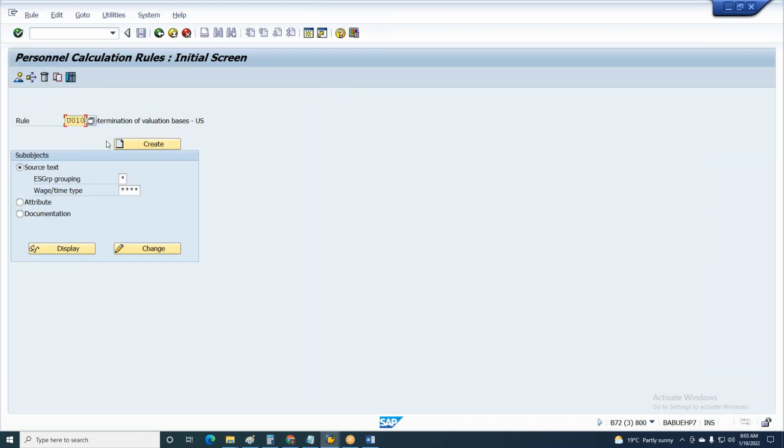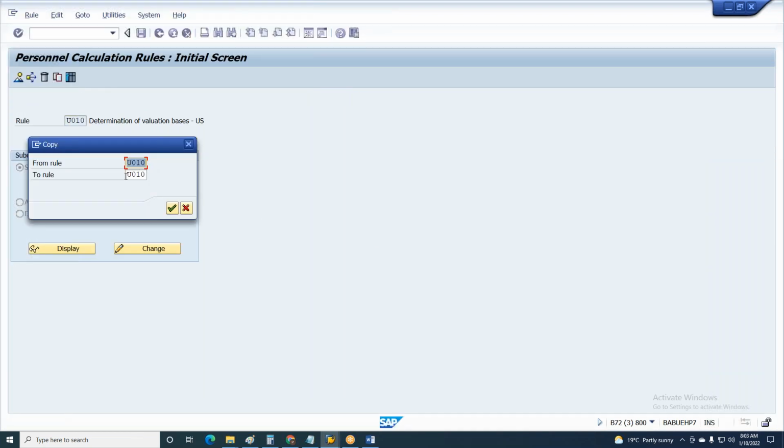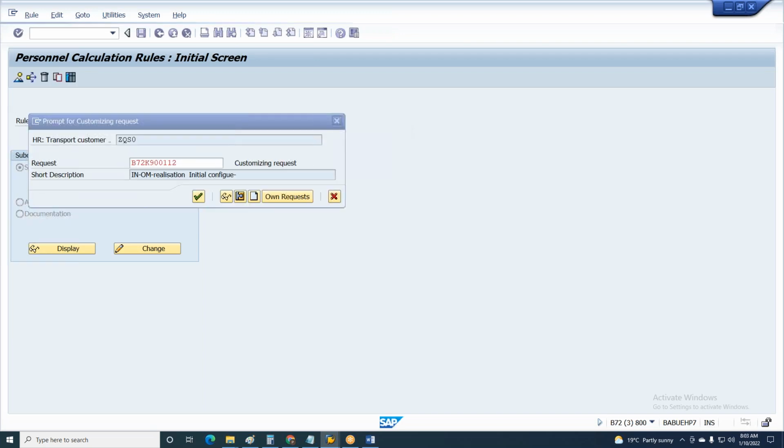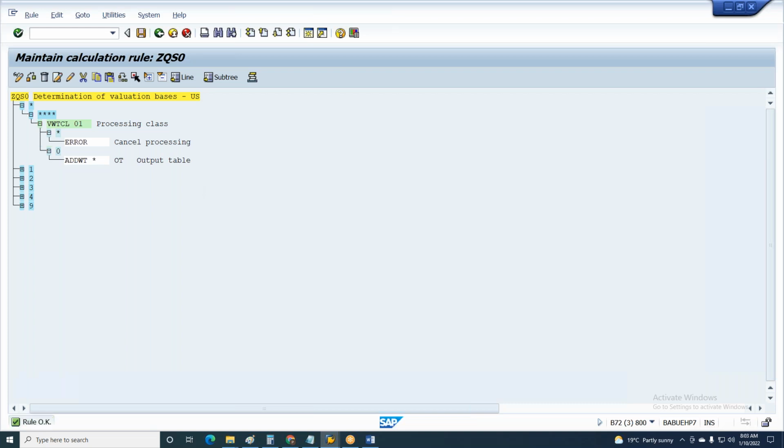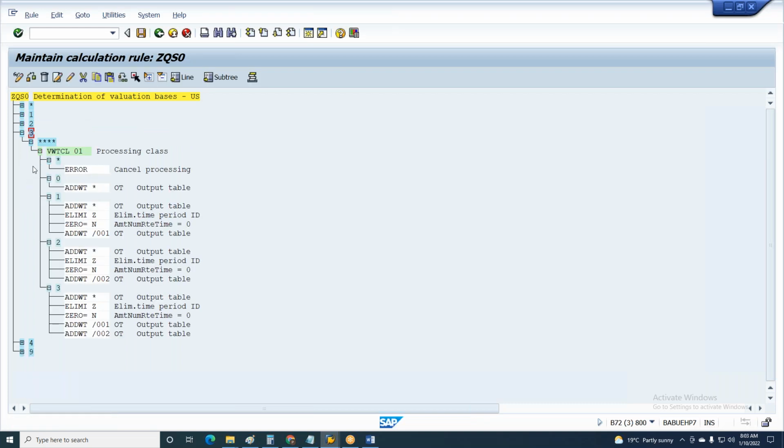U010 copied to ZQS0, for salaried employees. Processing class 01, specification 1, I'm going to maintain as basic pay.